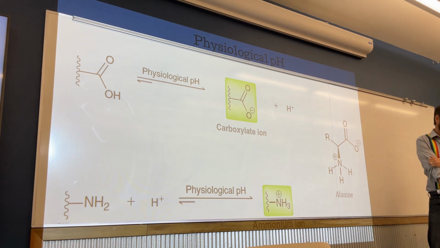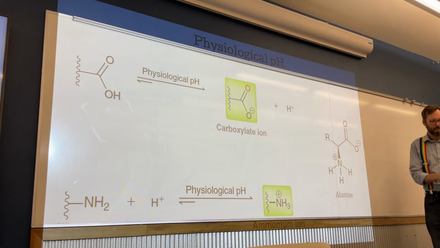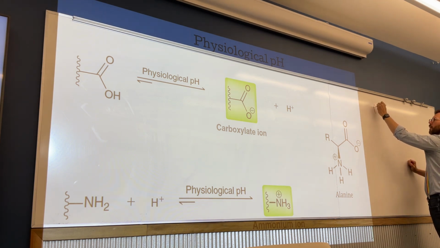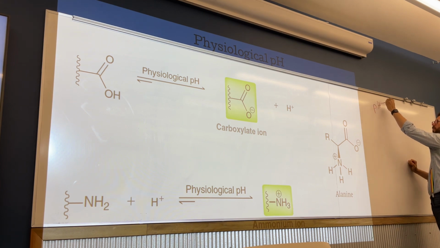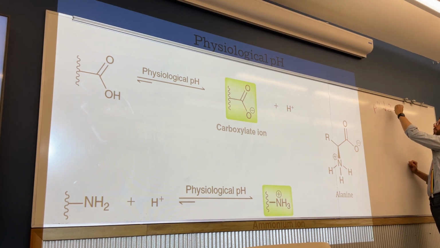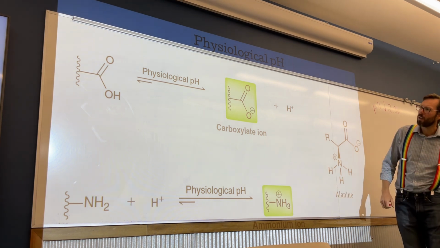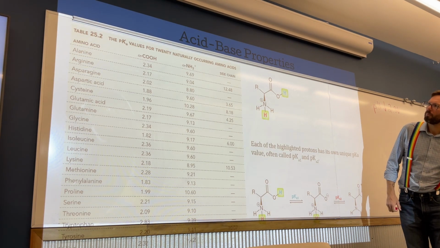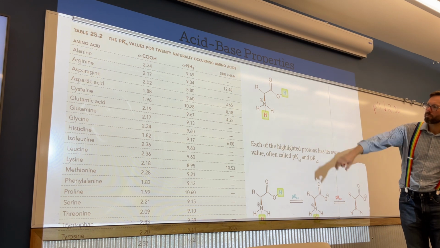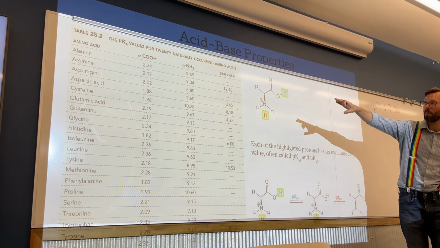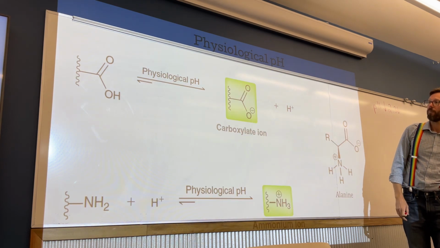And so the way to benchmark for this is that if the pH is less than 2.36, which is directly linked to alanine at 2.34.